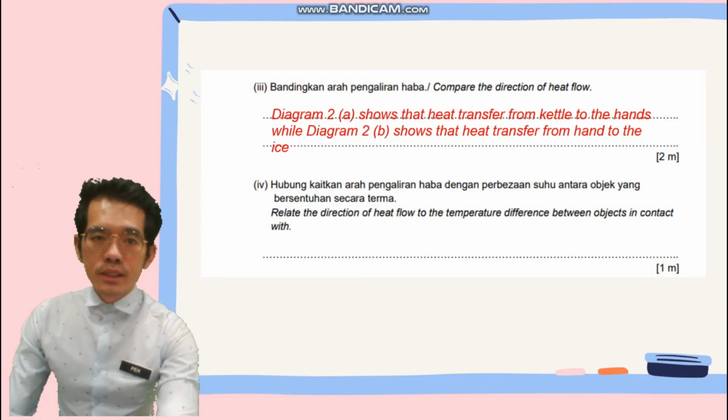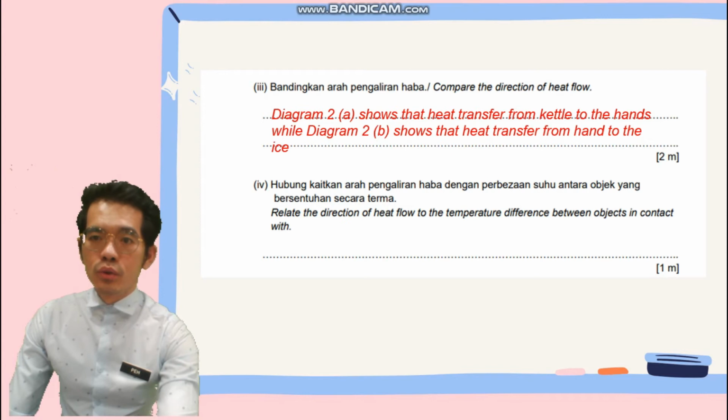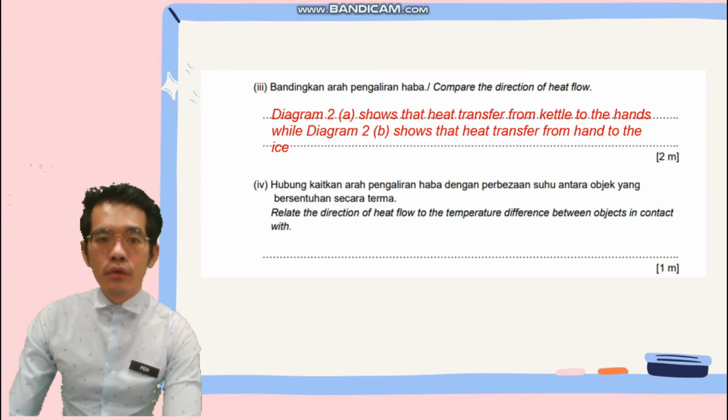So look at the answer. As mentioned, diagram 2A shows the heat transfer from kettle to hand, while diagram 2B shows the heat transfer from hand to ice. Look at the question before.